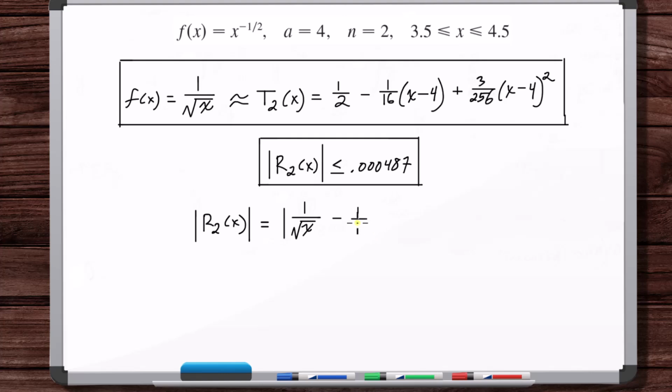So that's 1/2 plus 1/16, distribute that, minus... right? We can graph this.